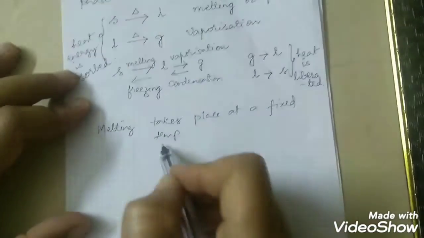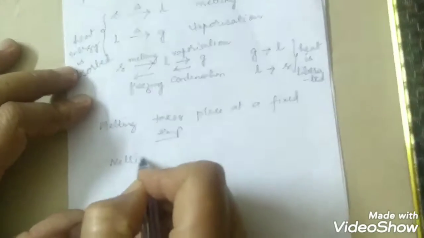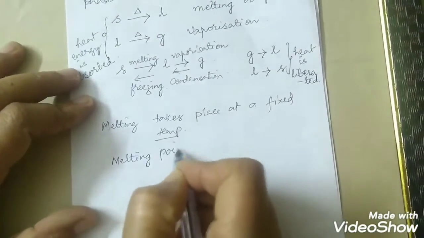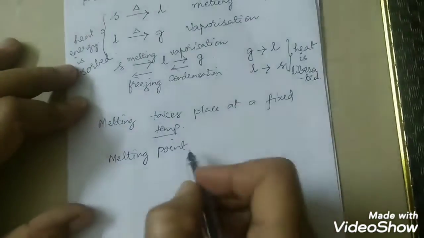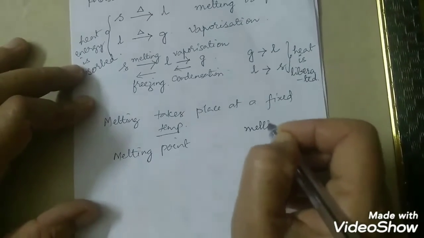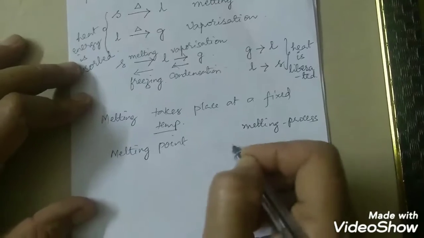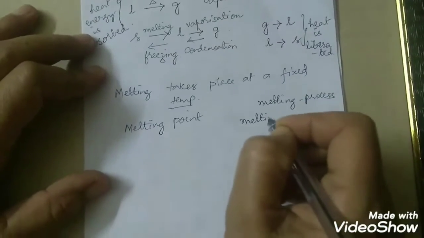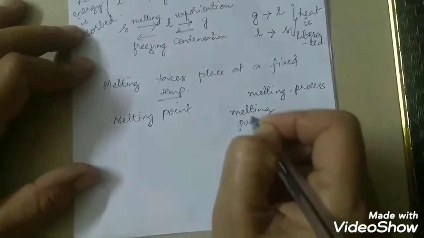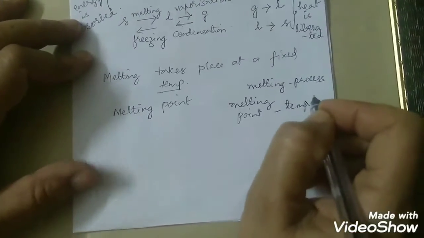This fixed temperature is called melting point. So please note the difference: melting is a process, whereas melting point is a temperature.